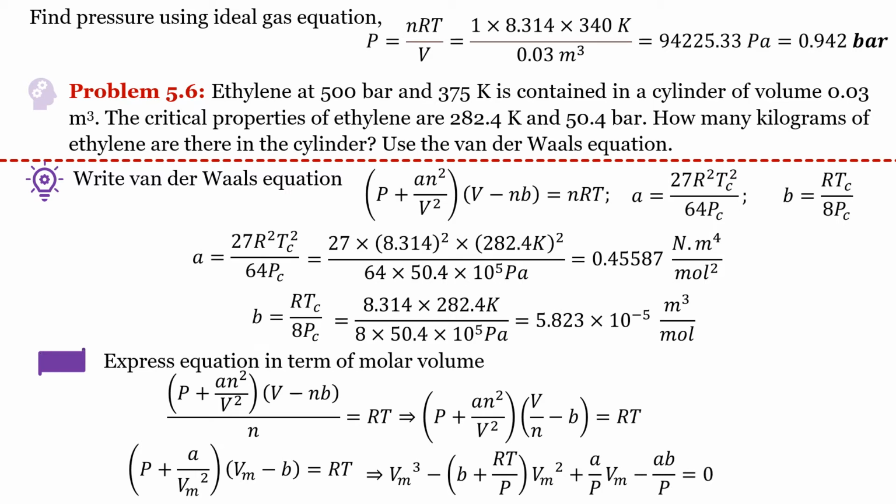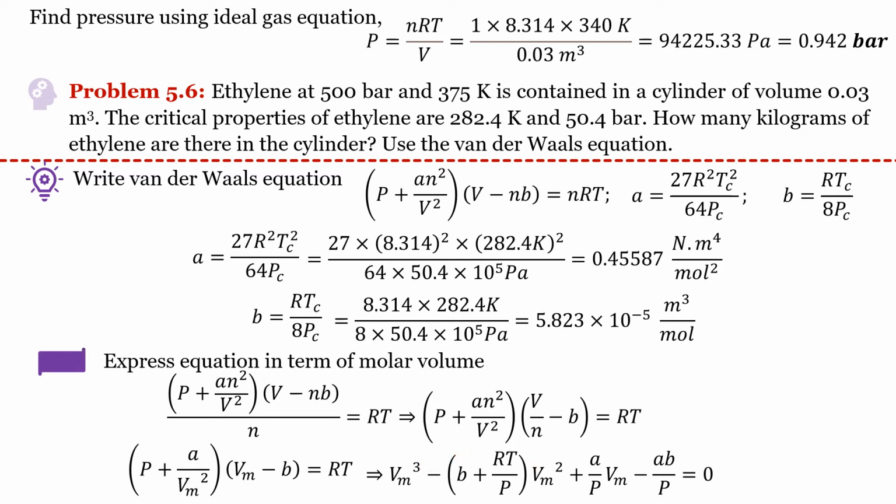So finally we can express this equation in terms of volume. After multiplication and rearranging, we will get this equation in terms of volume, and it will come as Vm raised to power 3. So that is the cubic equation in volume.